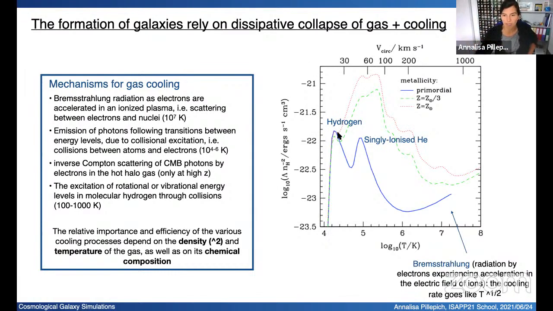For example, this spike is where there are the energy jumps of the hydrogen atoms, and this one is where you have the ones of helium. If you have a more complex fluid, you will have more complex cooling functions. But the whole idea is that, very generally speaking, the formation of galaxies is driven by the cooling of the gas.